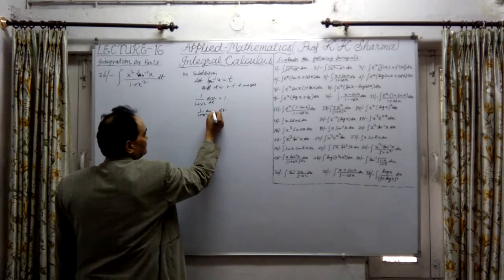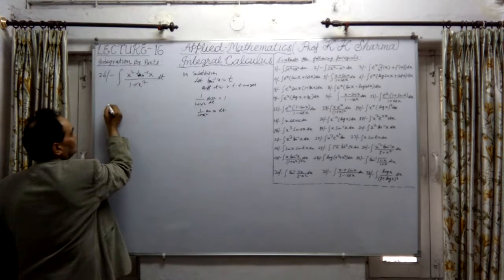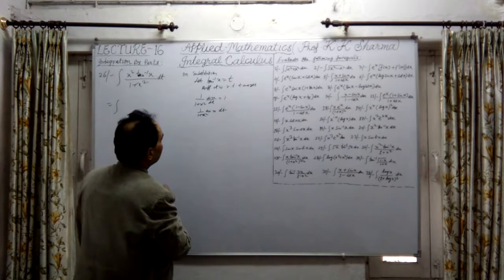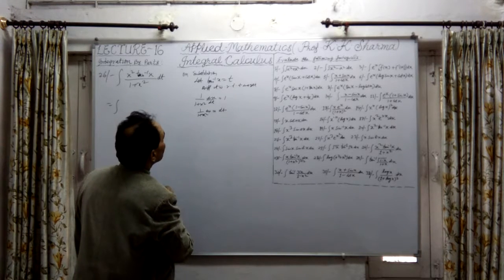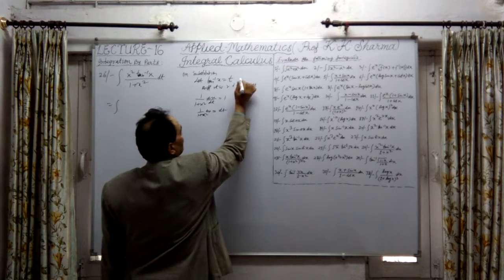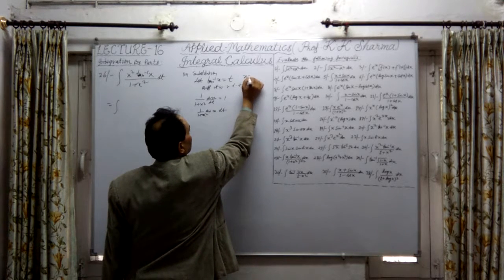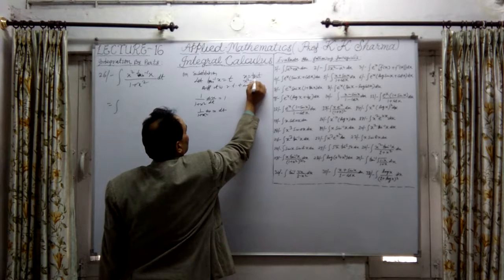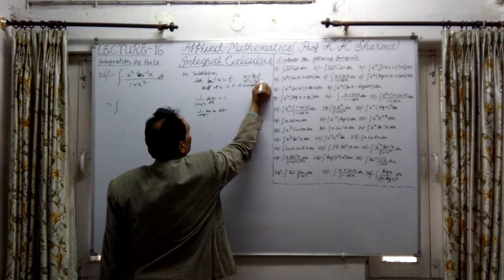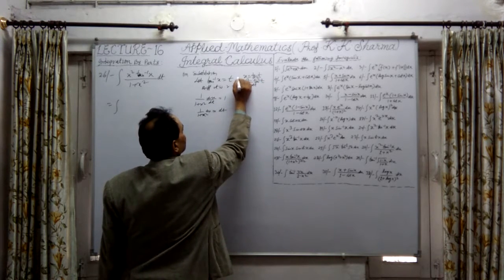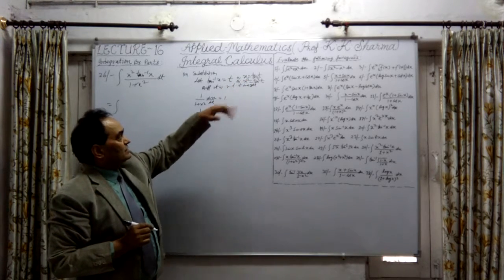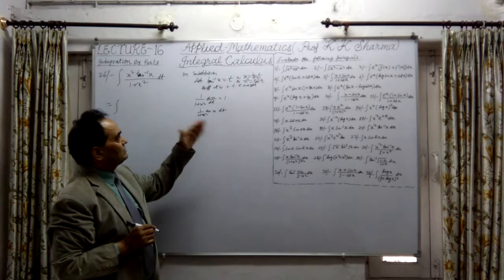Okay, so if we substitute here, that will be the sign of integration. And what is x square here? From this, let me write x equal to tan t, or x square equal to tan square t. Because tan inverse x equal to t, or x equal to tan t.